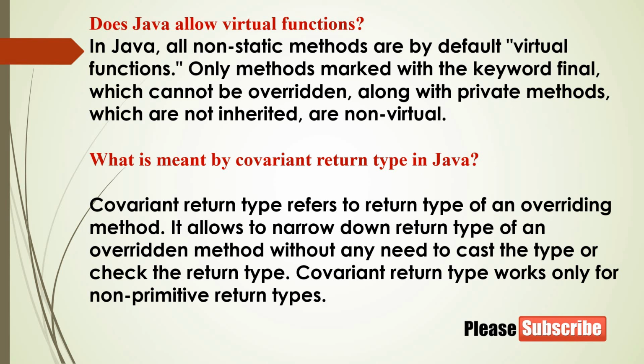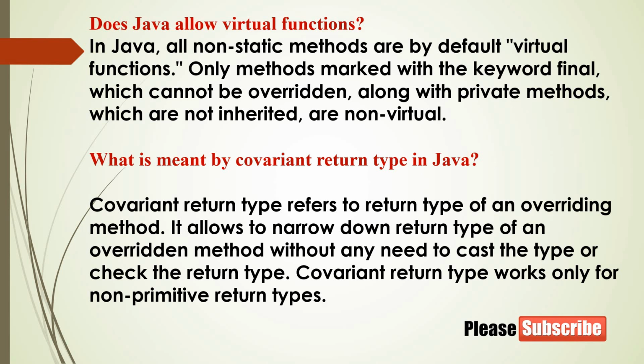Covariant return type refers to the return type of an overriding method. It allows you to narrow down the return type of an overriding method without any need to cast the type. Covariant return type works only for non-primitive return types.